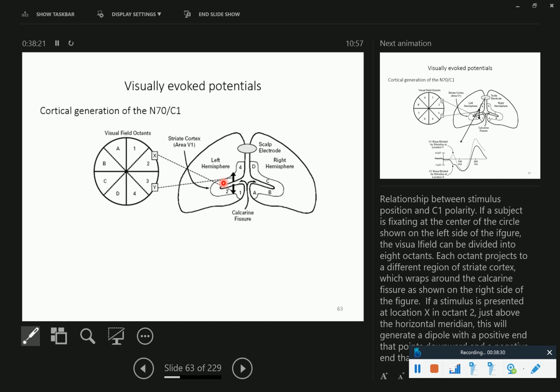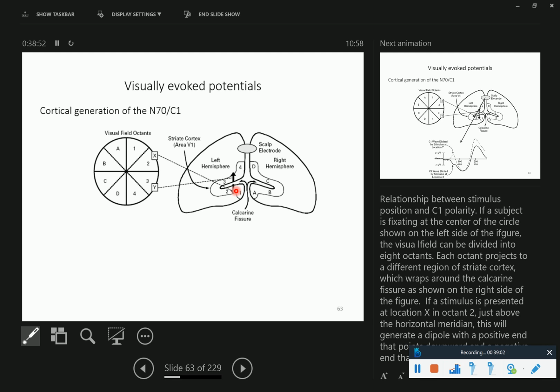The idea is then that since we presented both of them, we have generated two dipoles, one being up and one being down, and the two of them canceling each other. So the first response that you can observe in a visually evoked potential for a visual stimulus, the first response from the brain, is called C1 or N70, and happens at 70 milliseconds.